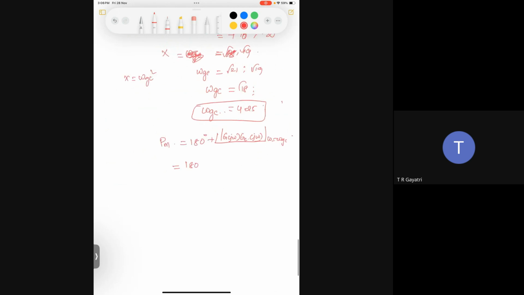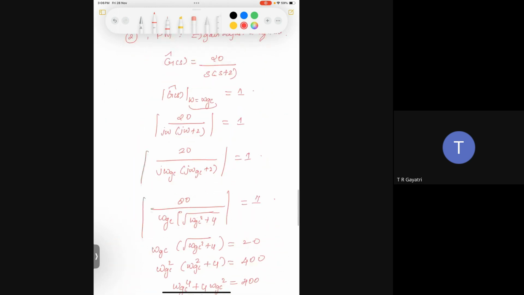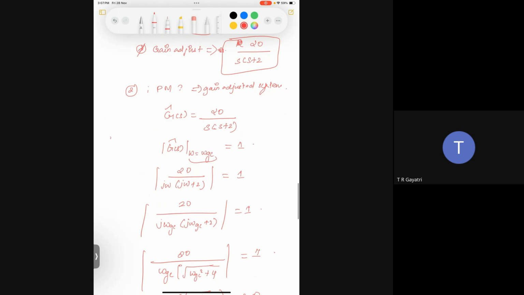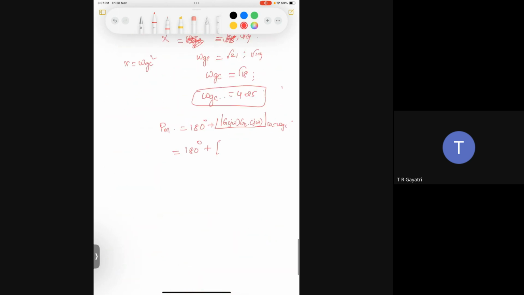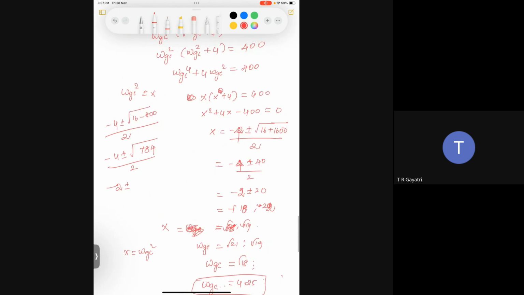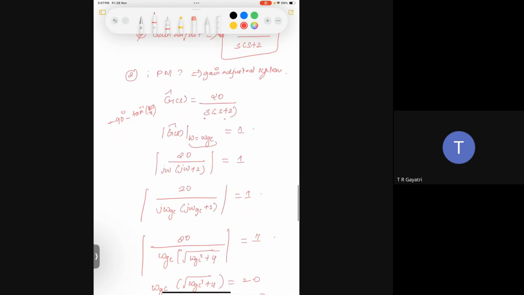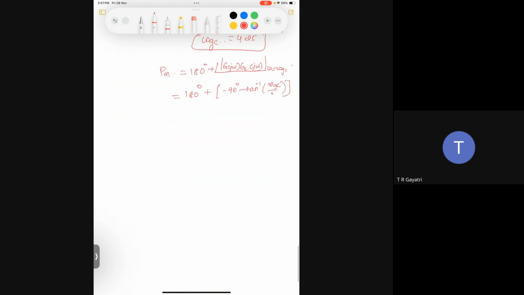For the transfer function, the angle for 1 by s is minus 90, and for the pole at 2 it is minus tan inverse of omega gc by 2, where omega is your imaginary value j omega. So it is minus 90 minus tan inverse of 4.25 by 2.